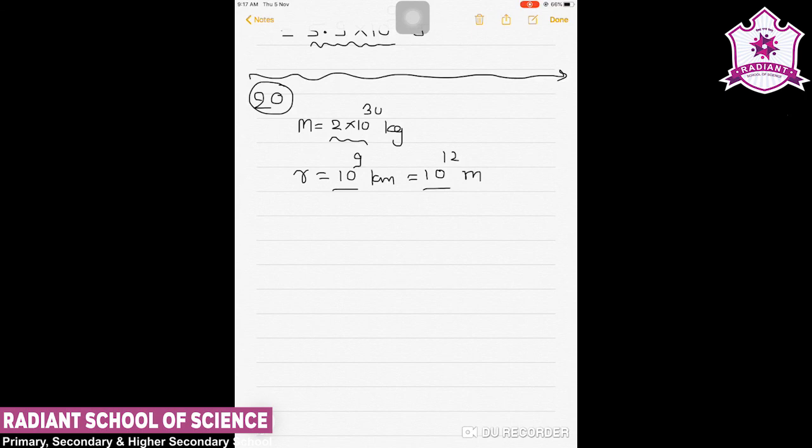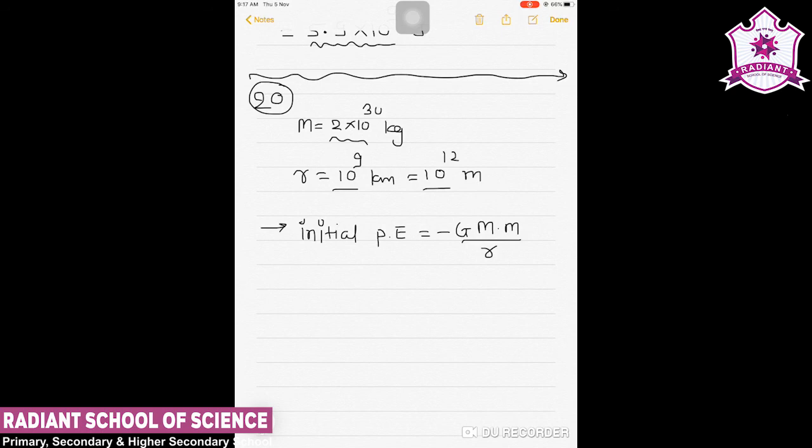So here the initial potential energy at the distance given above is minus G M into M over R. Here the mass is given as a solar mass, so we can apply it.